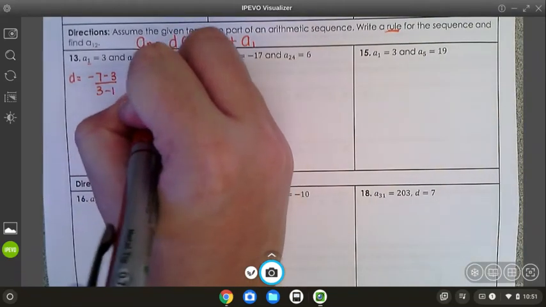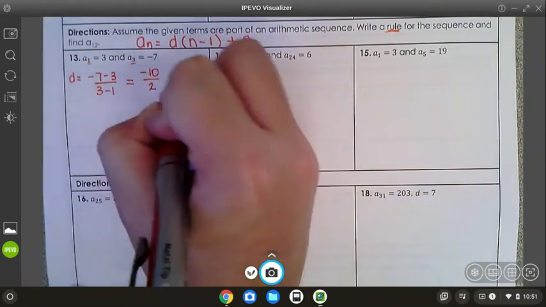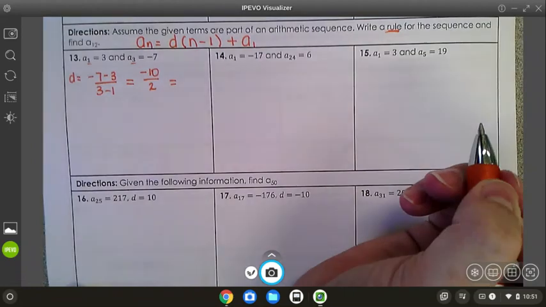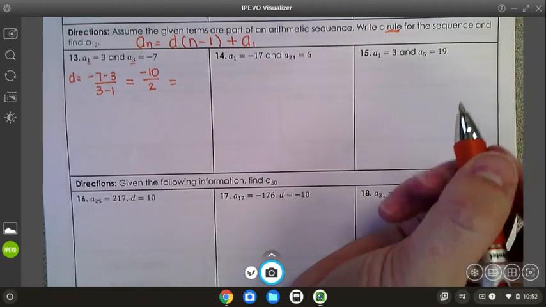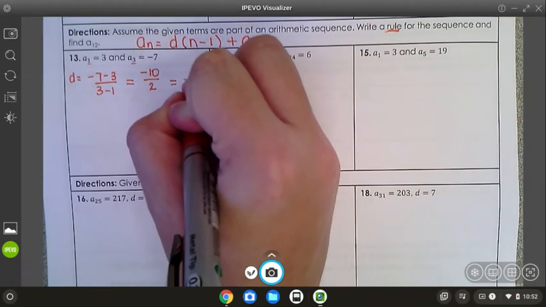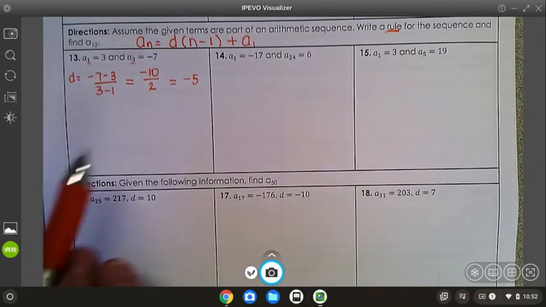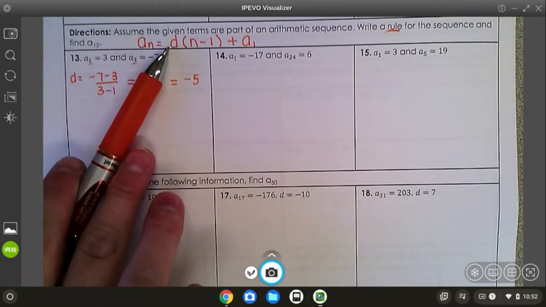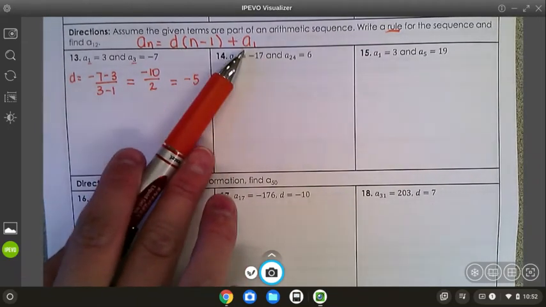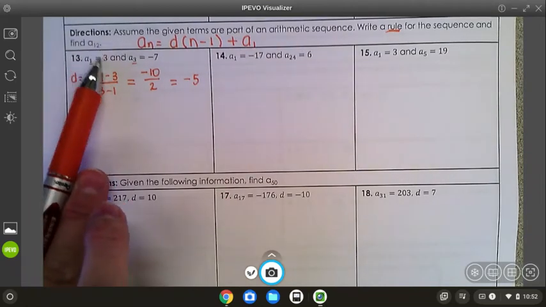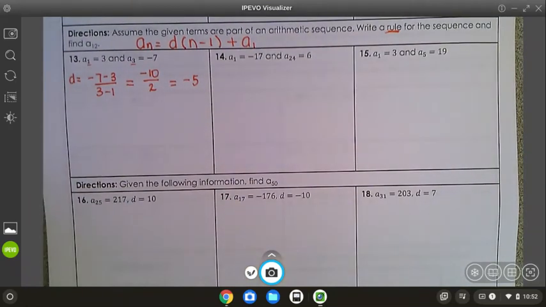This would be -10 over 2, which is -5. So my common difference is -5. My a_1, we already know, is 3. So let's put that together and write the formula.